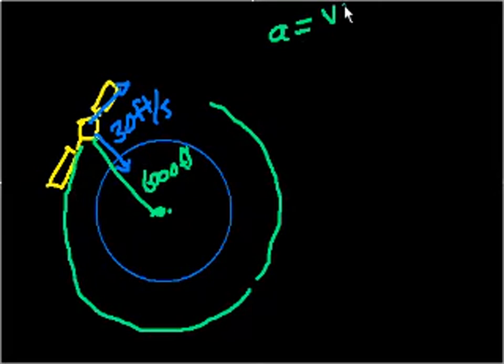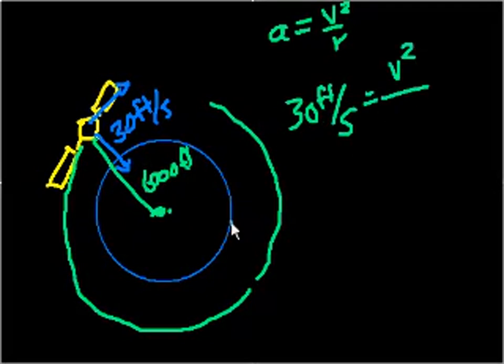Okay, so the acceleration is v squared over r. The acceleration we know is 30 feet per second. We want to figure out the velocity. And then the radius, I said, is 6,000 feet. So let's ignore the units for now. This is making things complex. So multiply both sides of this equation times 6,000. So 3 times 6 is 18. We'll have 4 zeros.